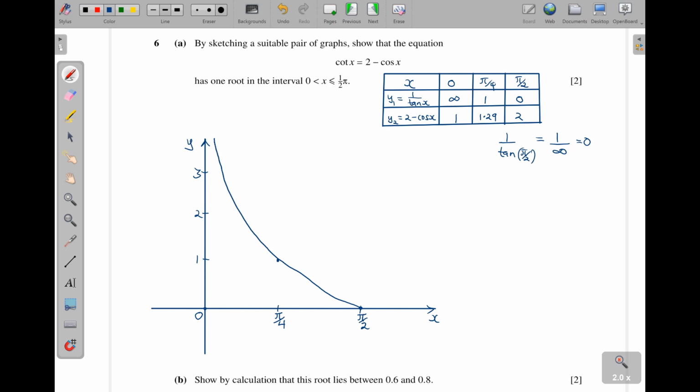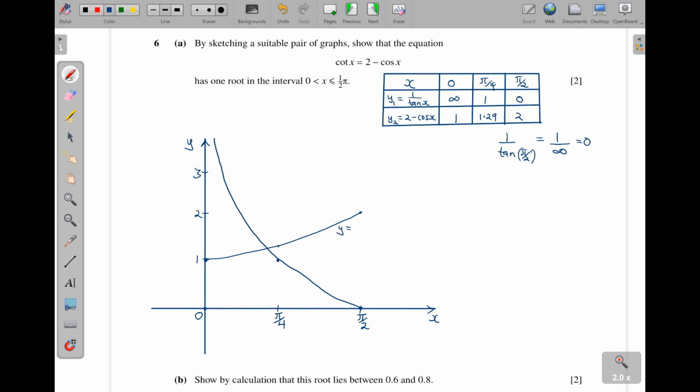Okay, then the other one is 0, 1, which is here, and then 1.29, probably it must be above this one here. I'm going to connect these like that, and then I'll label them.